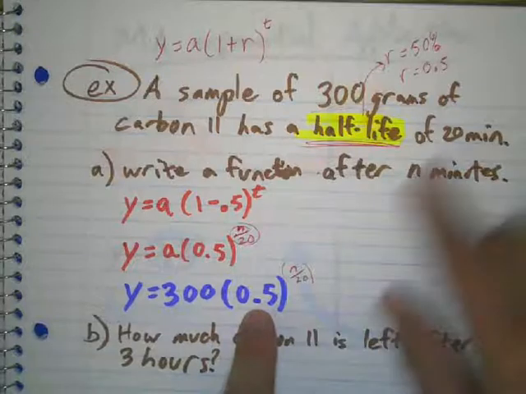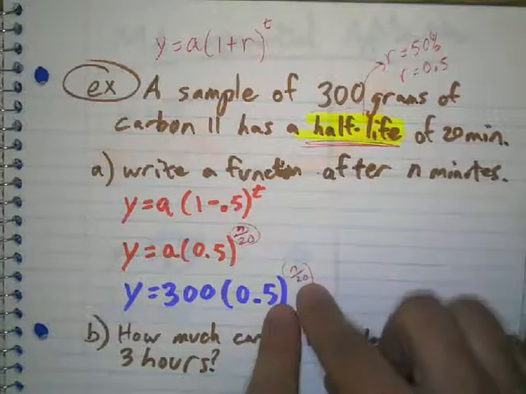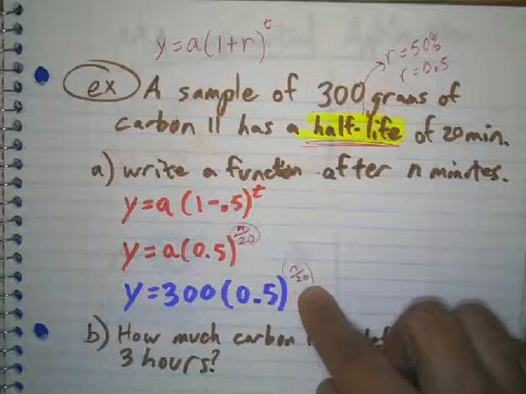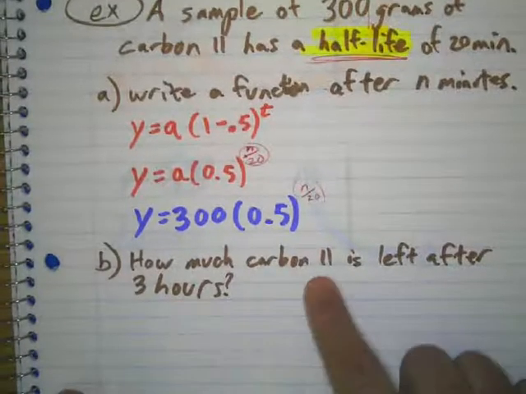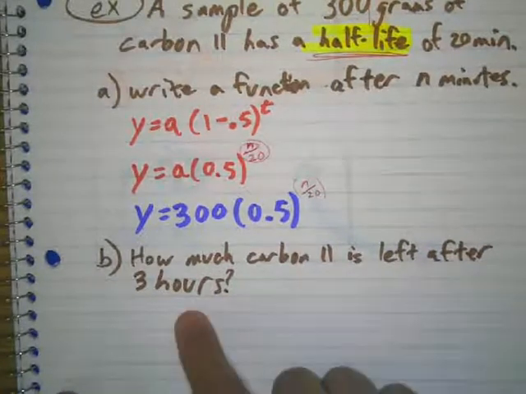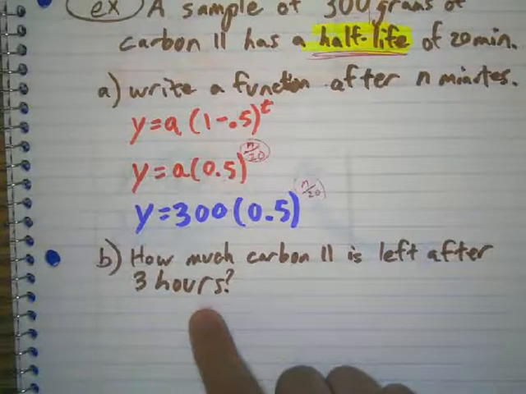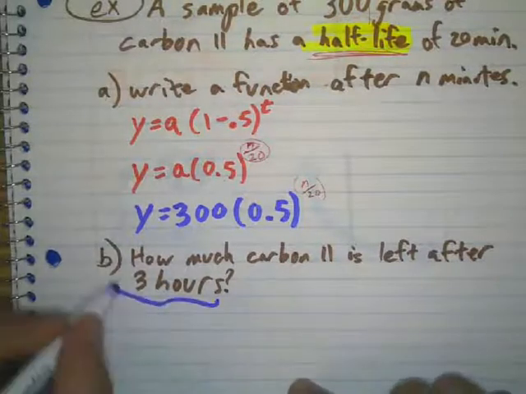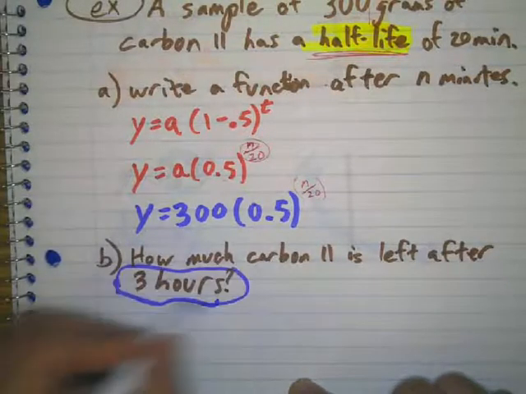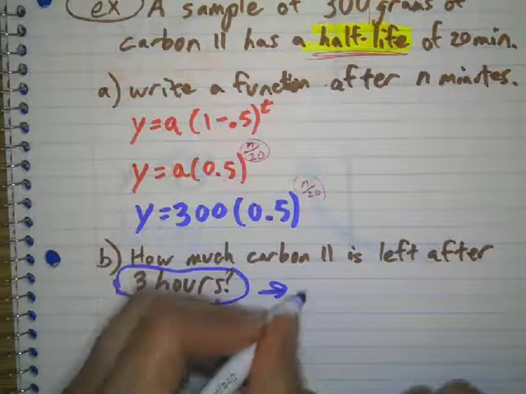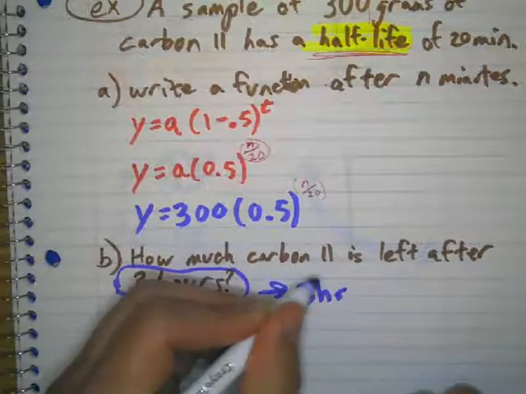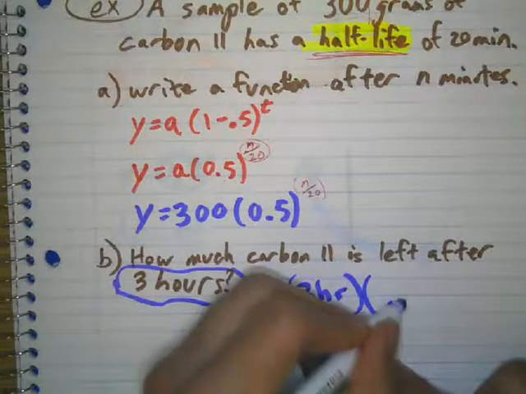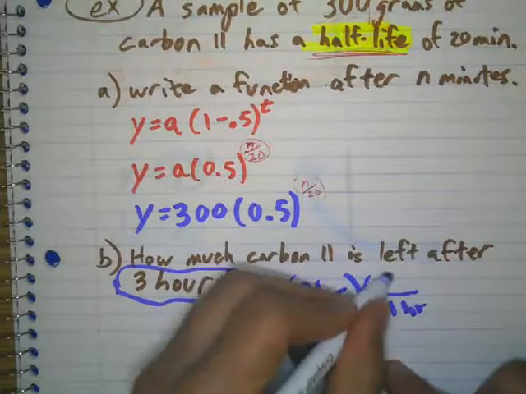Okay, so because it loses half its life every 20 minutes, the power has to be n over 20. Now, how much carbon 11 is going to be left after 3 hours? So, first of all, how many minutes are in 3 hours? So we can say 3 hours, we know in 1 hour there is 60 minutes, right?